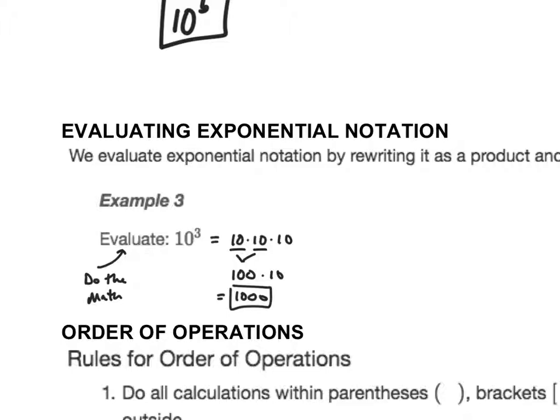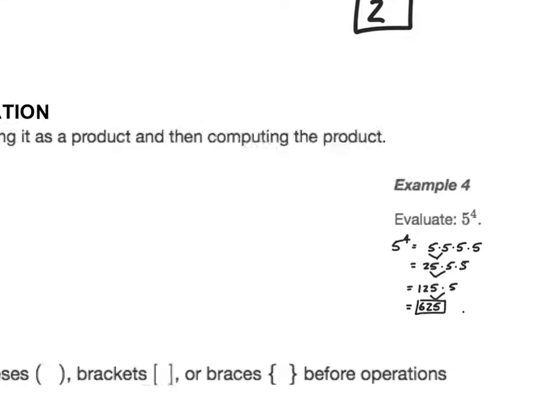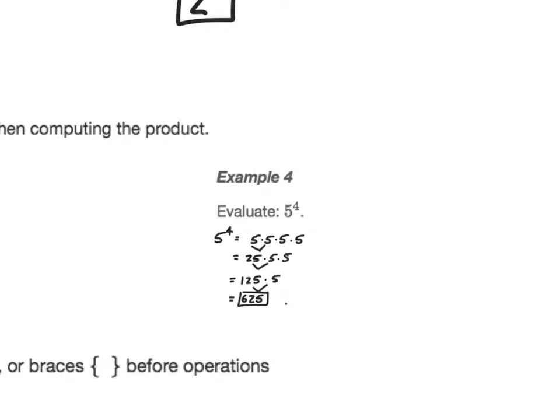The calculator should help you understand what you're doing, not replace your work. The same thing here: if I were to do 5 to the 4th power, I would just do 5 times 5 times 5 times 5 into the calculator to see what we get. I think you're all fairly familiar with that, but again, I don't want it to replace your work.